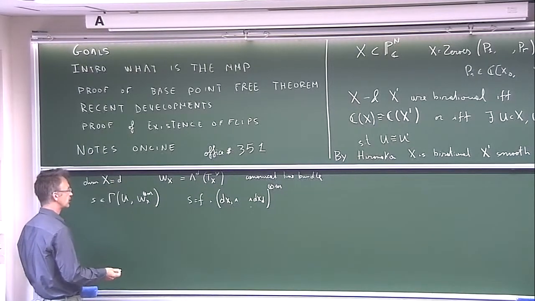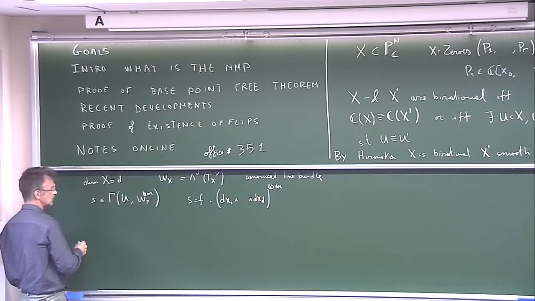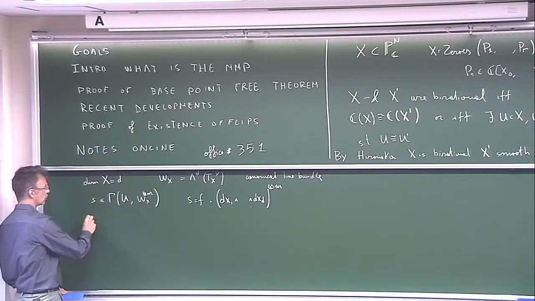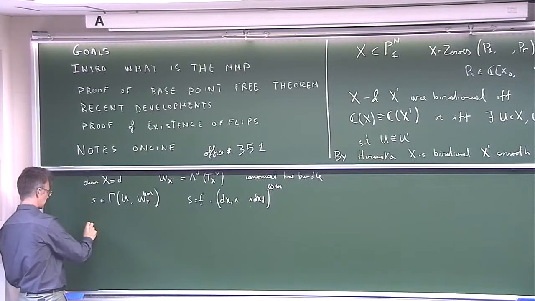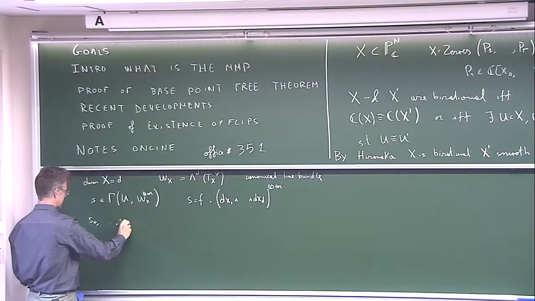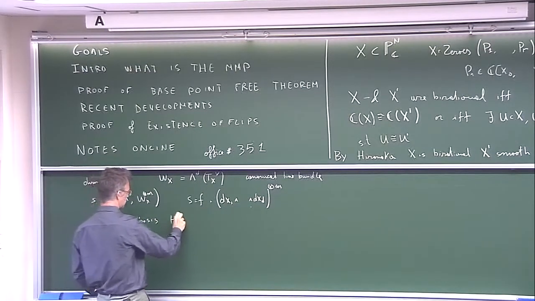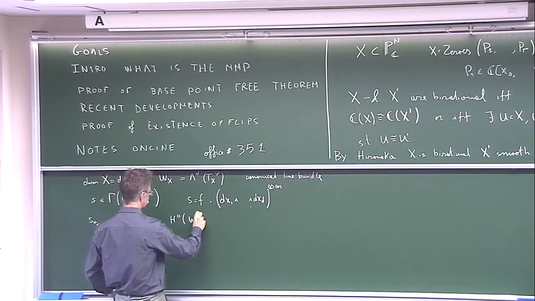So what can you do with sections of the canonical line bundle, or of tensor powers of the canonical line bundle? Well, first of all, you could consider, let's say, S0 through Sn, a basis of global holomorphic sections of the corresponding tensor power.